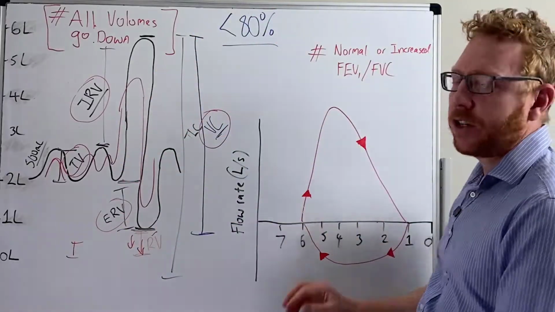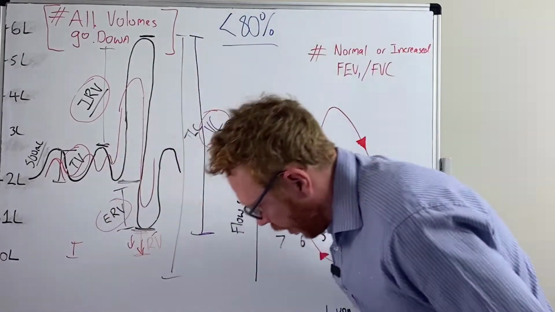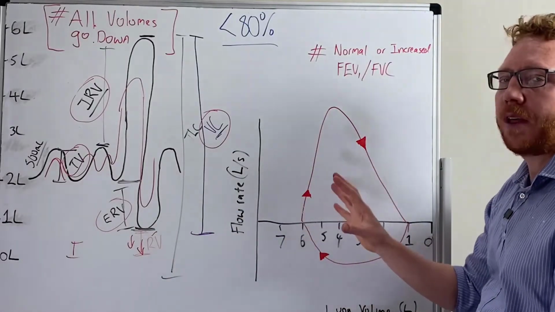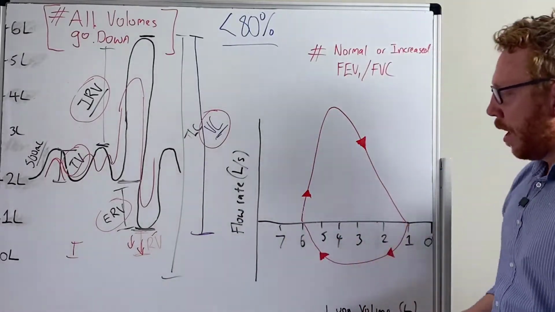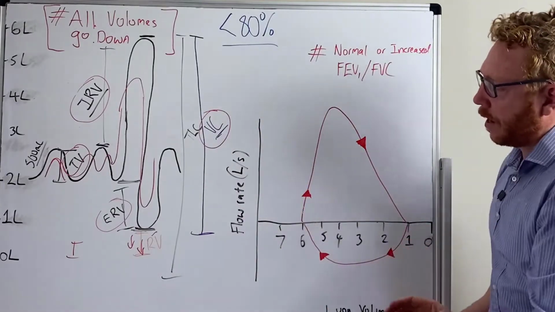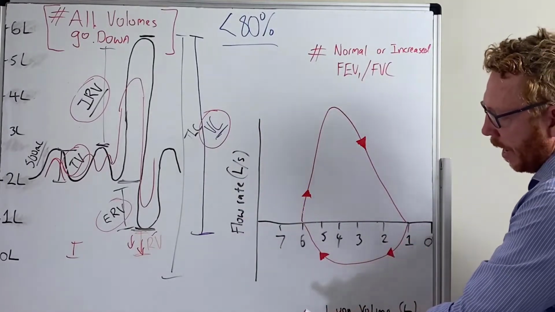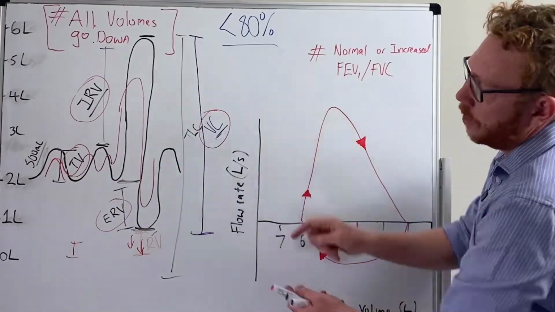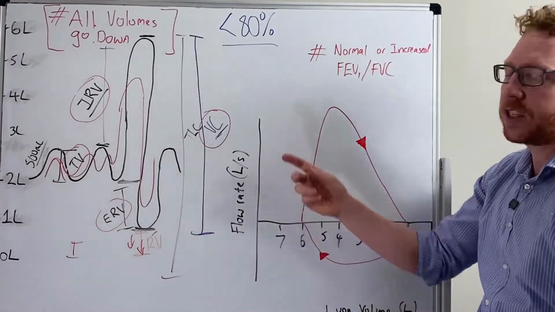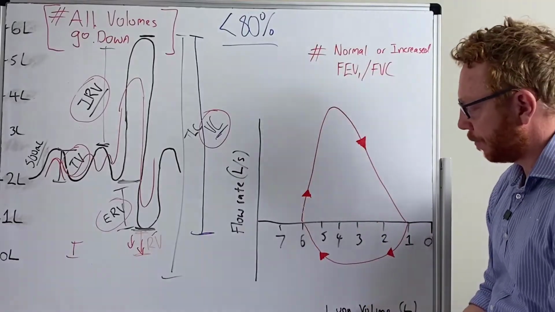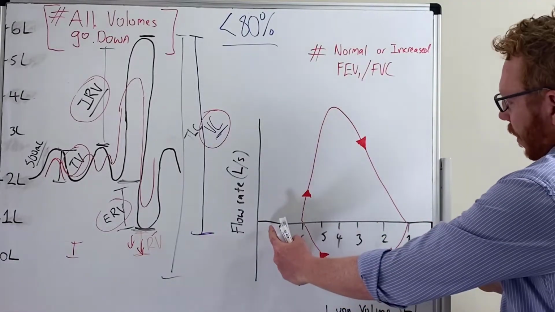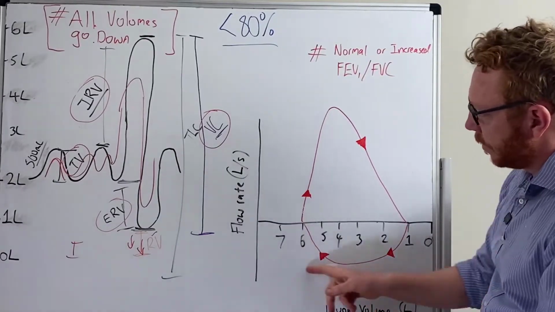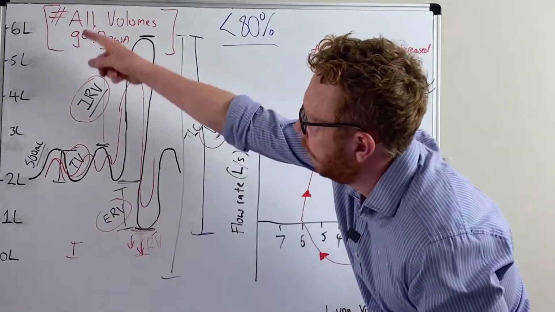Now we go across to the dynamic test, which is doing this in a time forced manner. When we look at this particular diagram, what we're seeing here is the lung volumes. Again, we did that here, but we do it over time or flow rate. So this is the speed of air moving out of your lungs, okay? On the x-axis, we just have the litres of air, which we could see here.